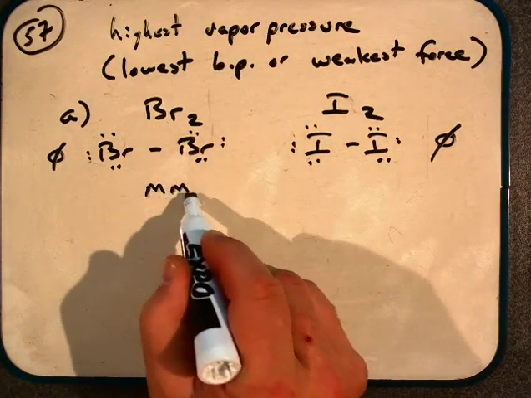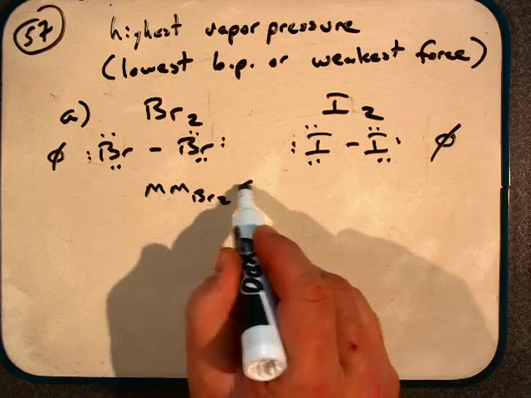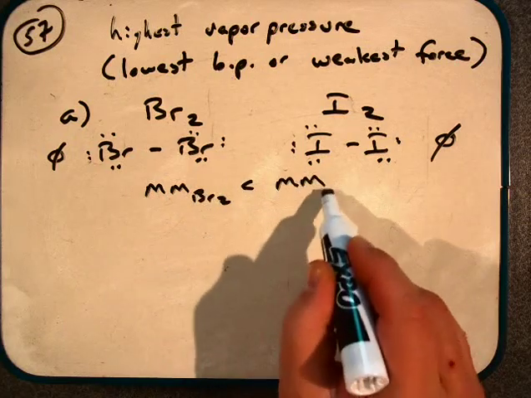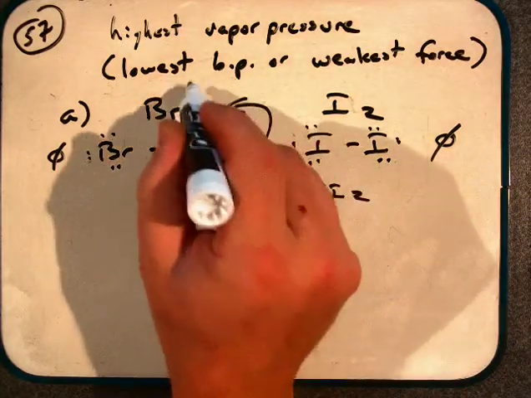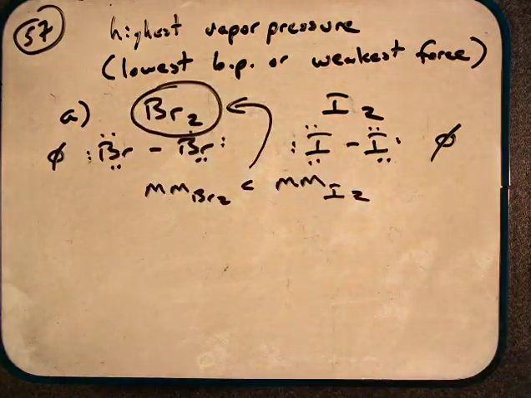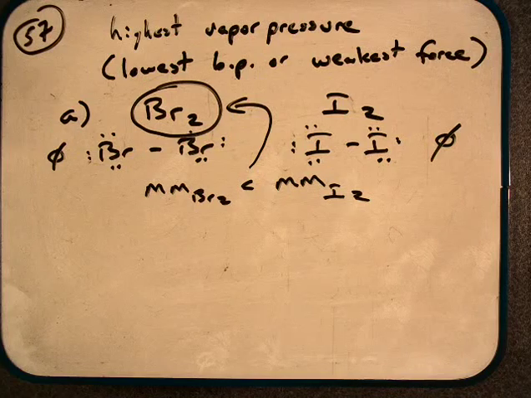And so since the molecular mass of Br2 is less than the molecular mass of I2, that is why bromine will have the highest vapor pressure, because dispersion forces increase with increasing molecular mass. So that means I2 would have stronger forces of attraction or a lower vapor pressure.